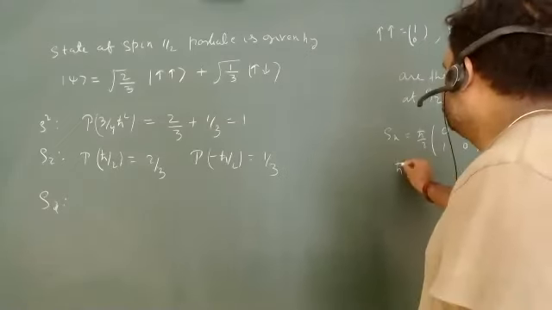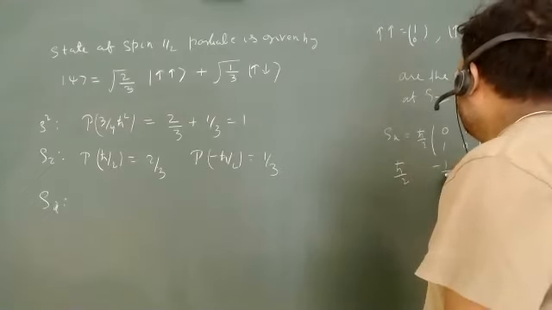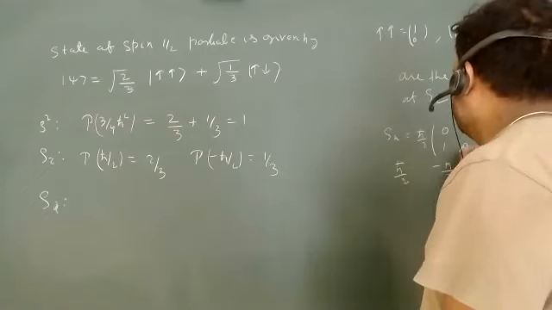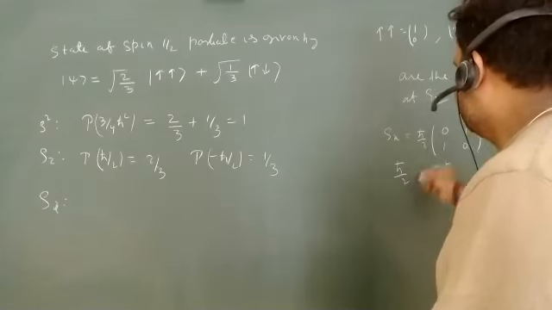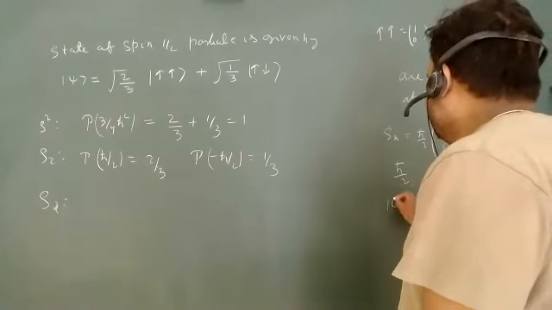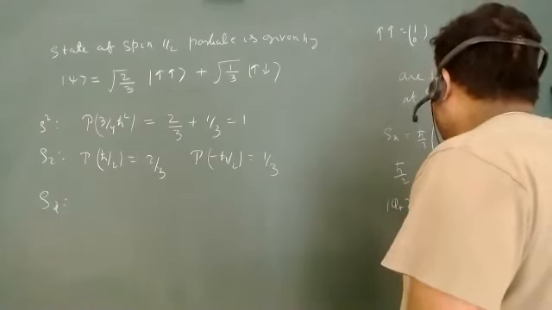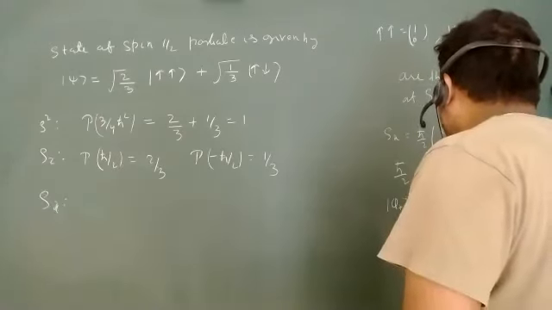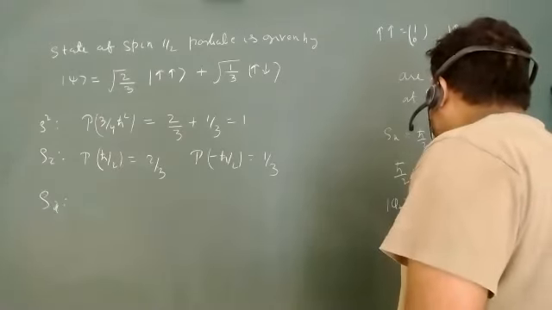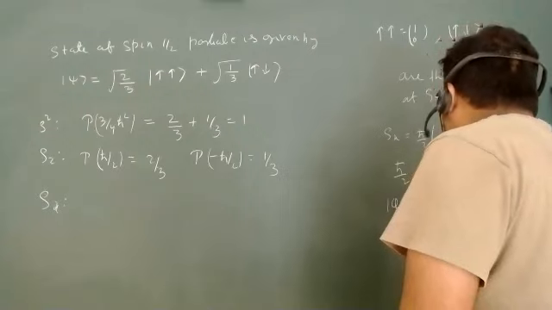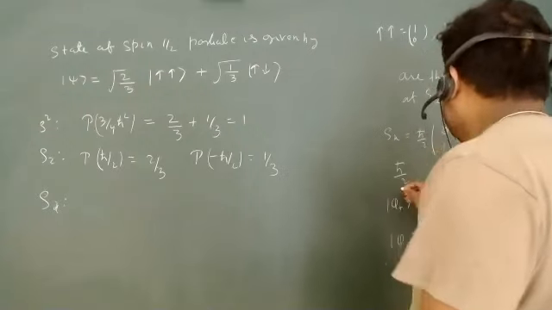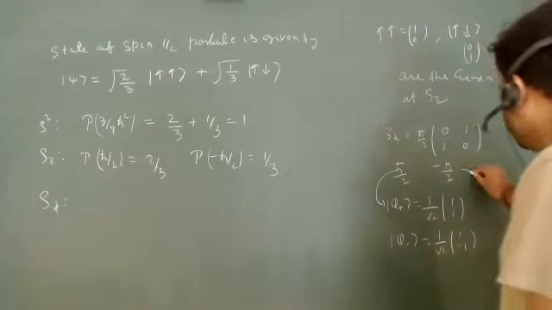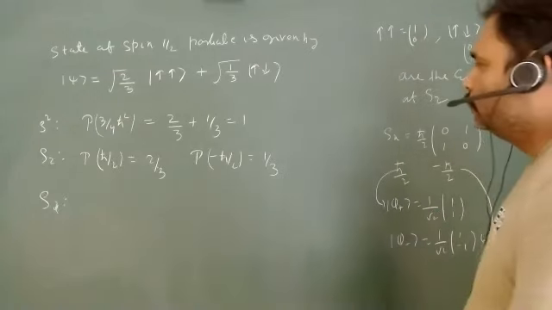The eigenvalues are h cut by 2 and minus h cut by 2. You can easily calculate the eigenvalues of this. And the eigenvectors are phi plus is 1 by root 2 (1, 1) and phi minus is 1 by root 2 (1, minus 1). This is for h cut by 2, and this is for minus h cut by 2.